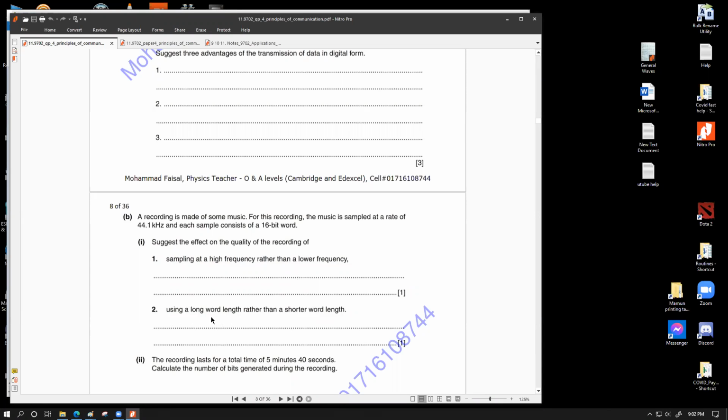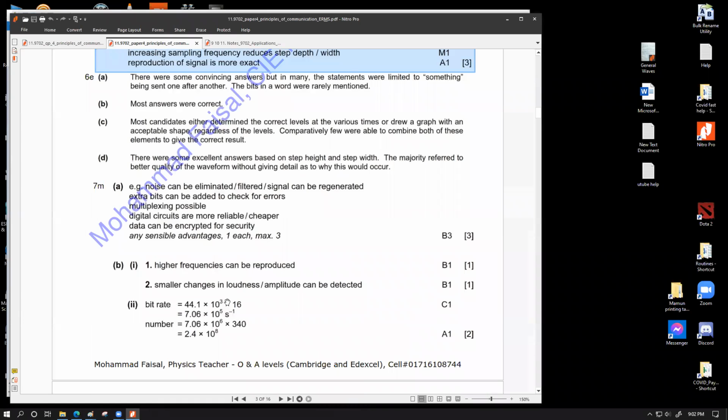Using a long word length rather than a shorter one, that's basically the bit number. If you have many more bits, minor variations in the audio signal can be captured. Small changes in loudness or amplitude can be detected.